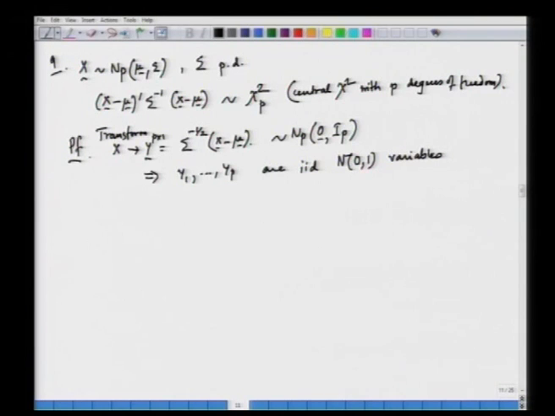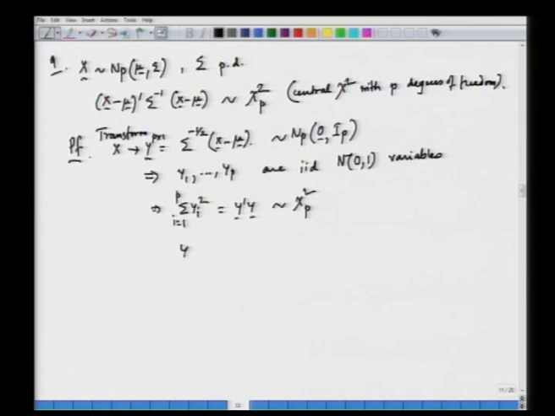If that is so, we know that the sum of the squares of these p random variables, summation of yi square for i from 1 to p, which is actually in matrix notation y transpose y, thus follows a chi-square with p degrees of freedom.